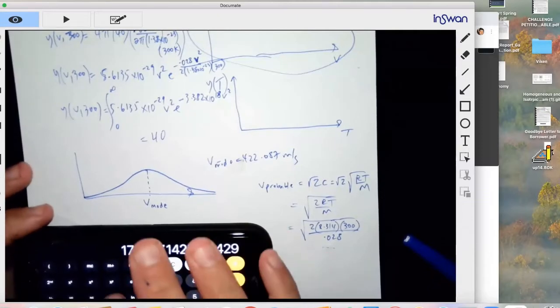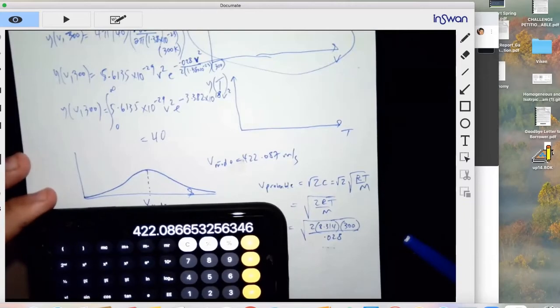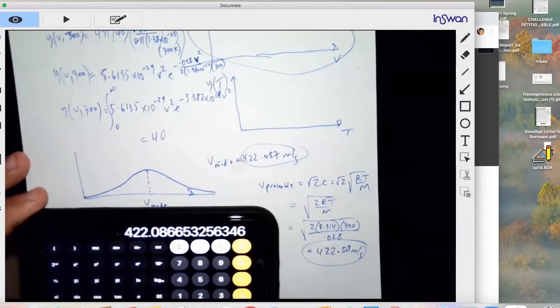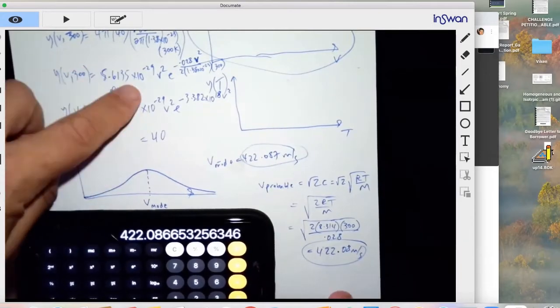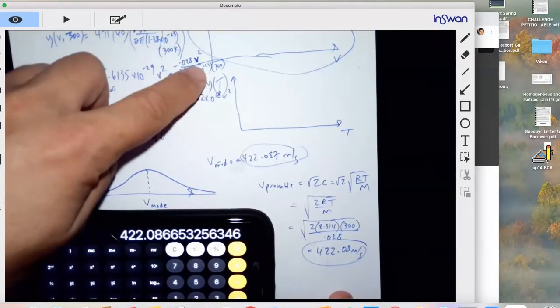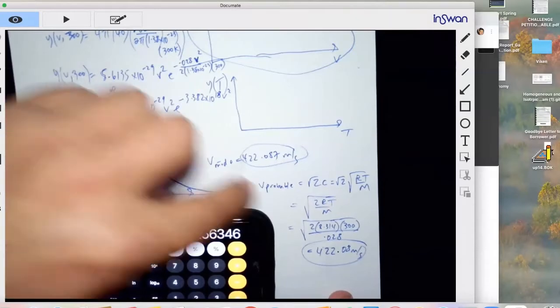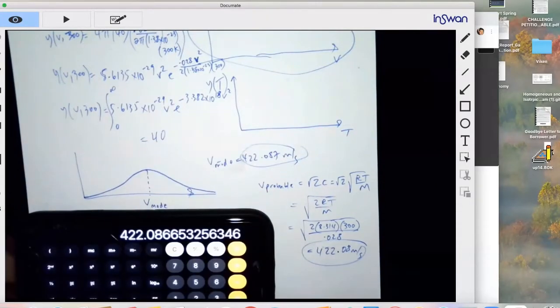Hold on, square root. Square root. Aha. Do you see that? So in other words, just simply graphing that function that we have, the v squared, all that, finding the value that maximizes it, it gives you that velocity, 422.